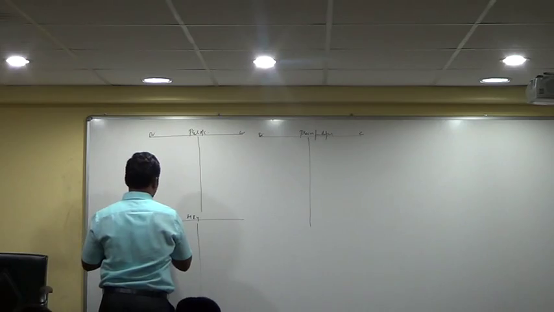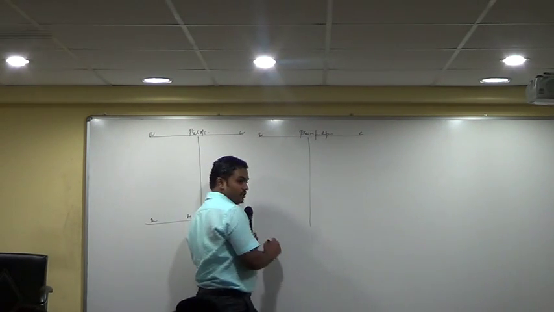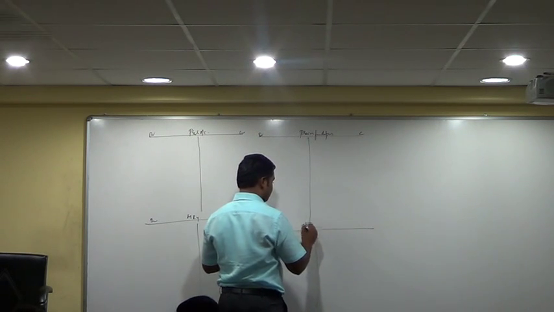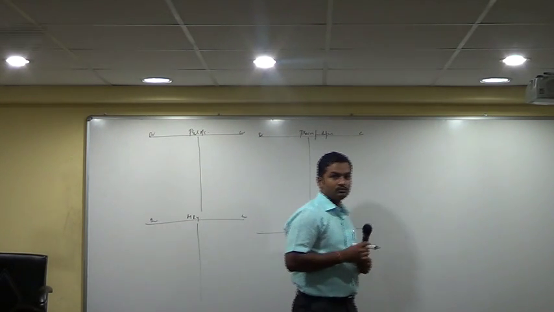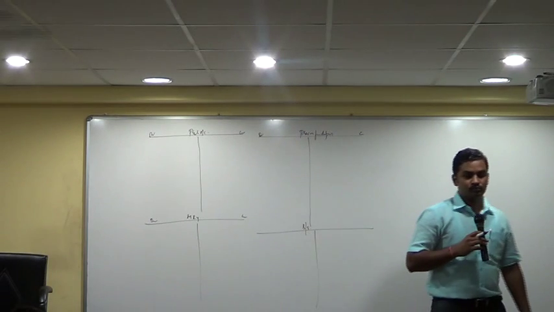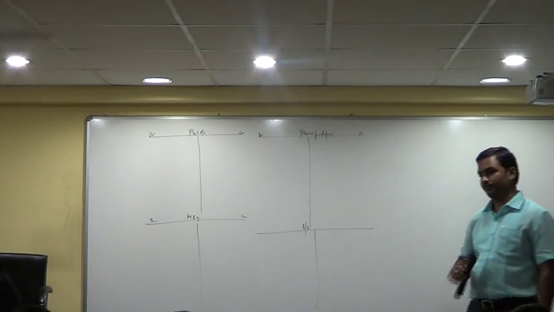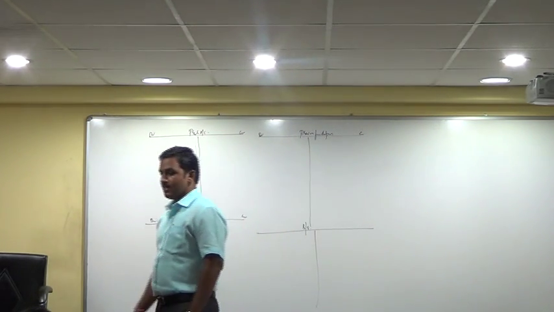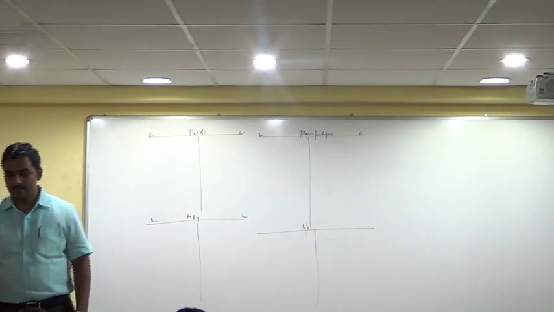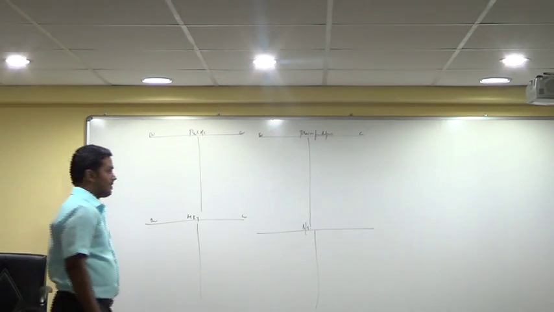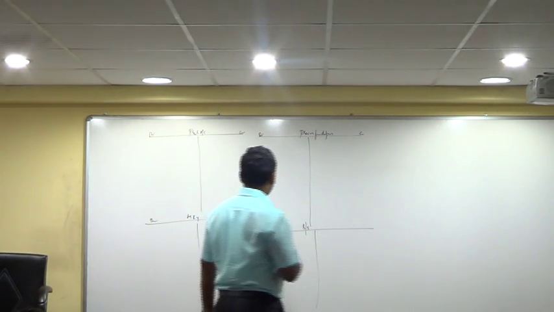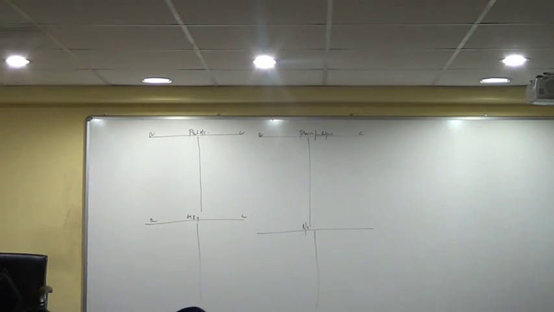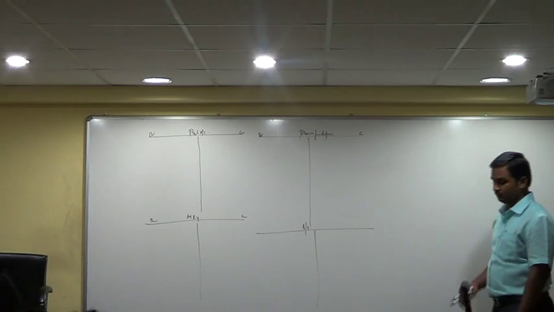Then the balance sheet. P&L account, machinery account, provision for depreciation account, balance sheet.